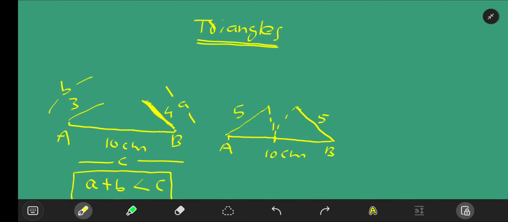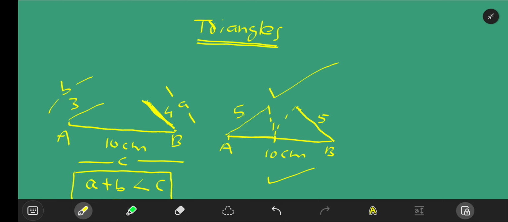There is no chance of meeting on the top side or bottom side of line AB.